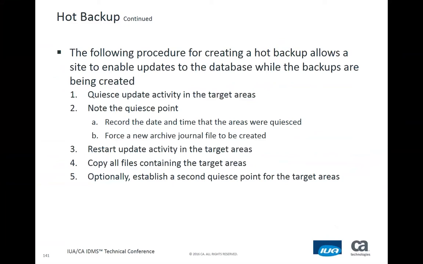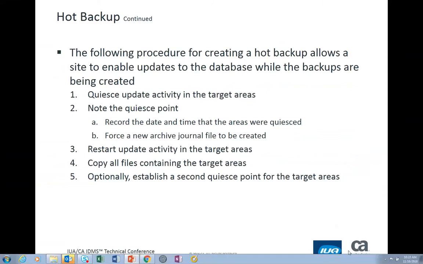And we're going to see as we look at the recovery actions how that optional quiesce point may change some of the steps that you would take. So this is a decision that you're going to make in terms of how you want to implement the hot backup. There's no major difference; it's just how you prefer to establish that environment.